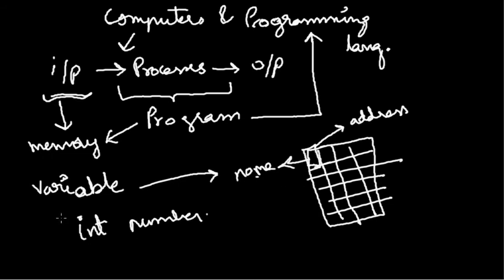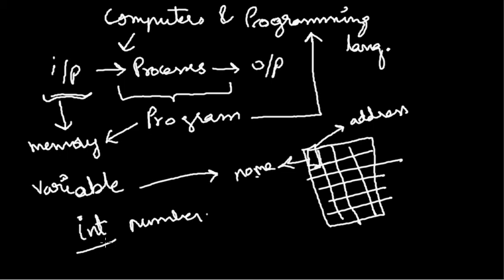But then what does this integer define? It defines that the location or the variable number should allow an input of type integer. It can be a positive number, a negative number or zero, stored in that location. Is there anything else this defines?